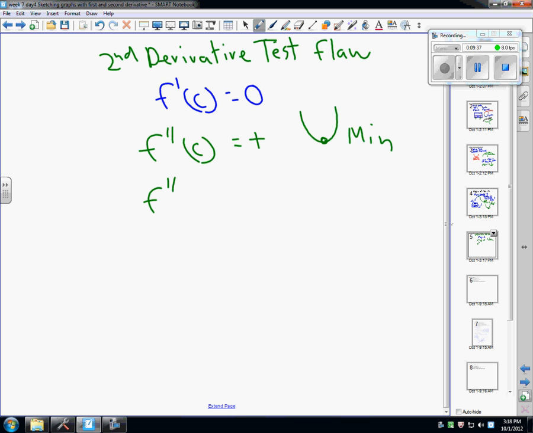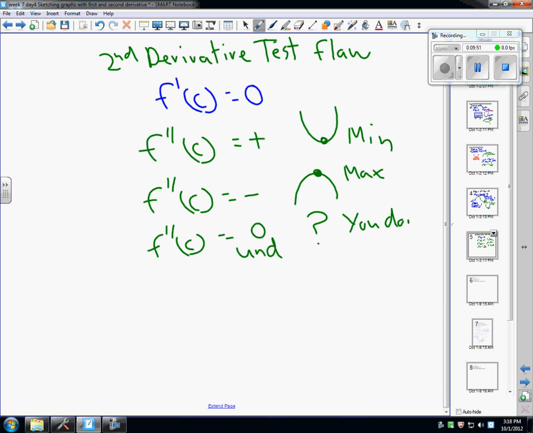If it's negative, I have a max. If it is 0 or undefined, you don't know. Use the first derivative test.